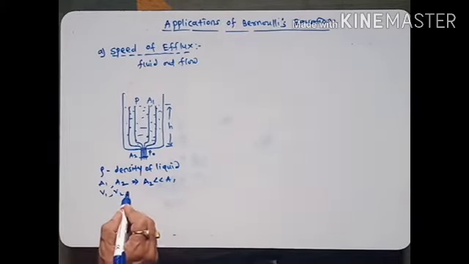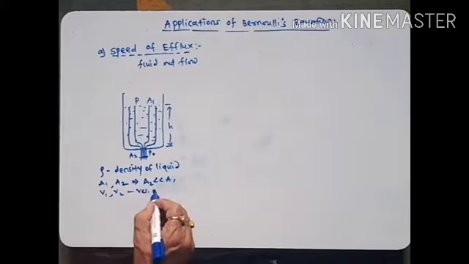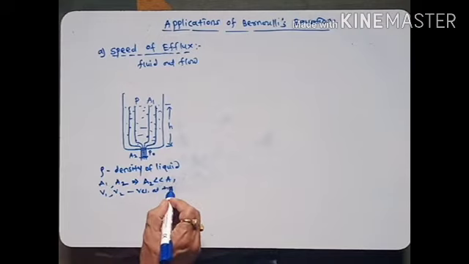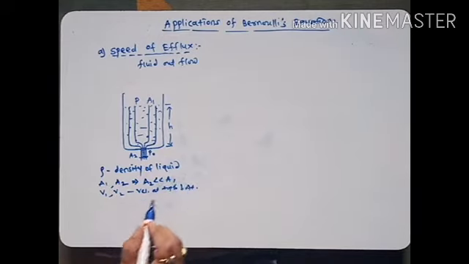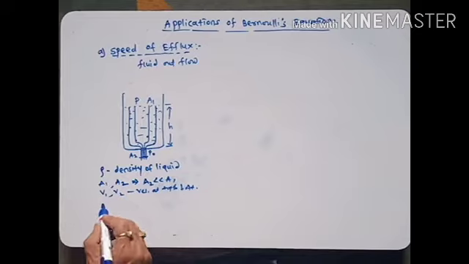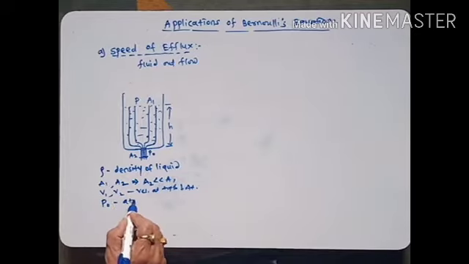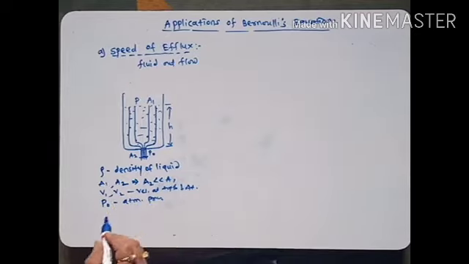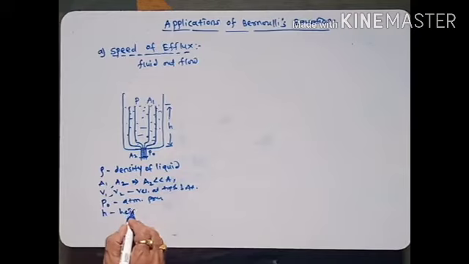V1 and V2 are the velocities at top and bottom. P0 is atmospheric pressure. H is the height of liquid in the container.